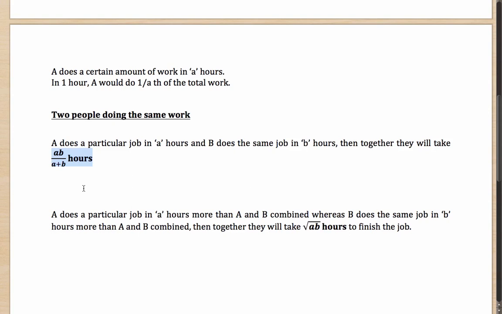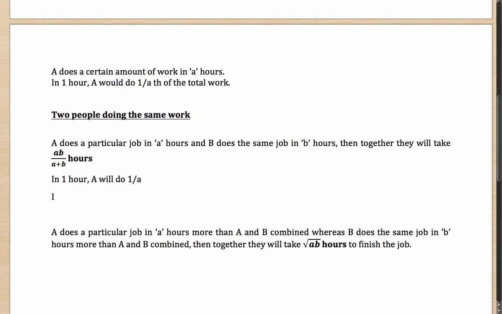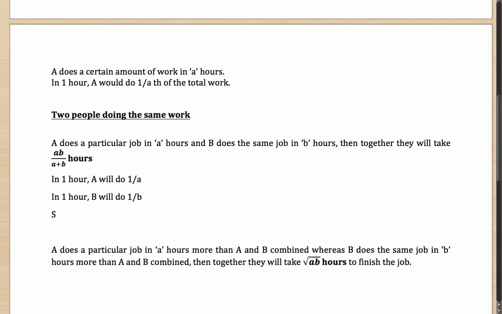It is also very important to understand how we got this formula. Well, A does the job in A hours. In 1 hour, how much will A do? A will do 1 by A of the total amount of work. In 1 hour, how much will B do? B will do 1 by B of the total work. So, total work done in 1 hour is how much?